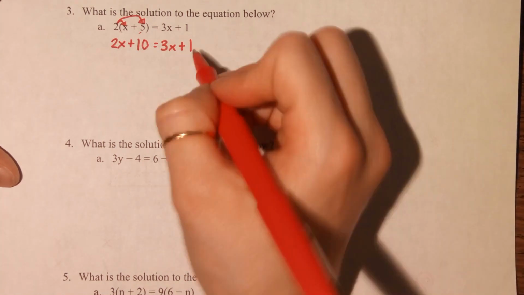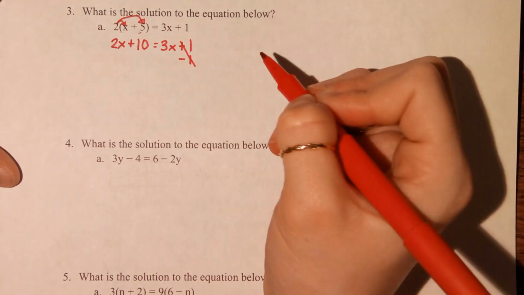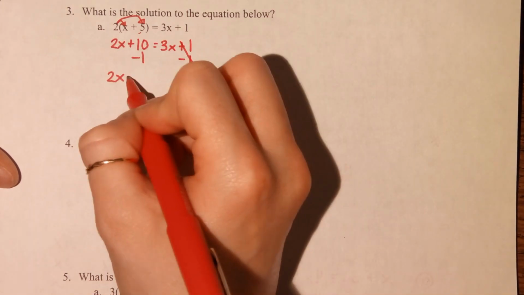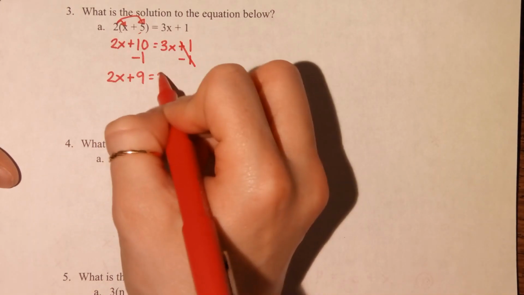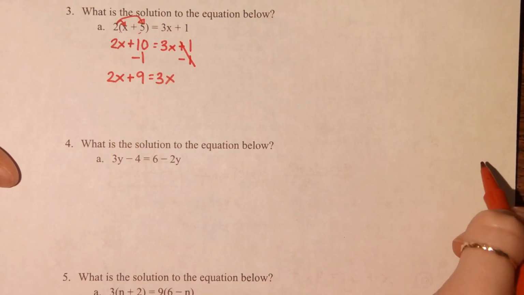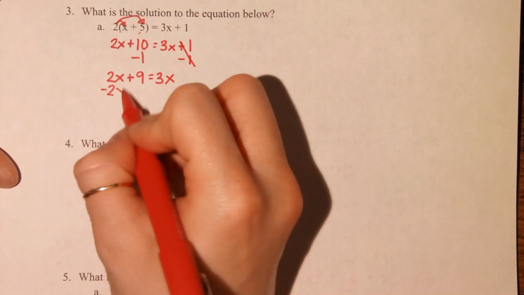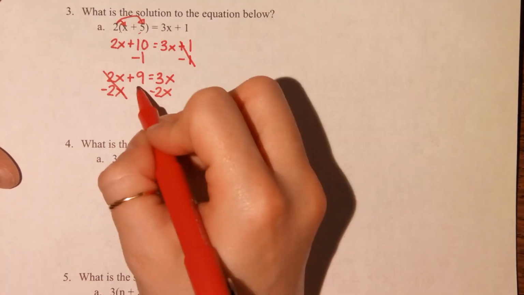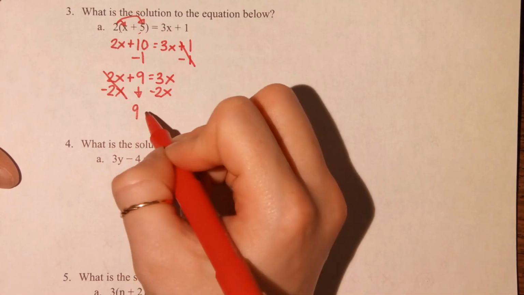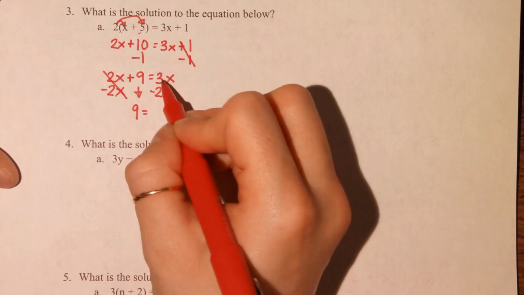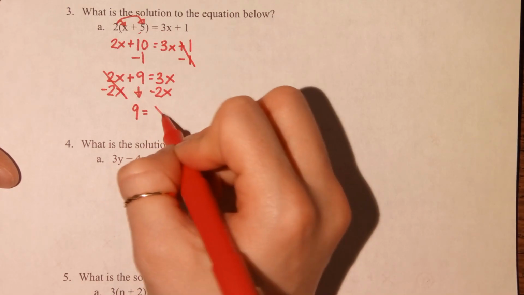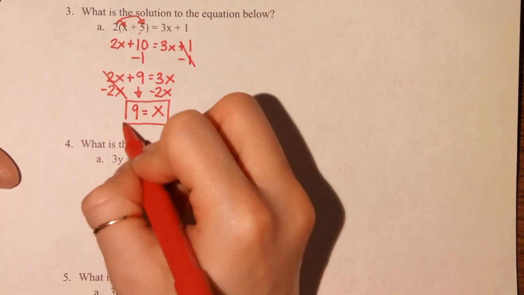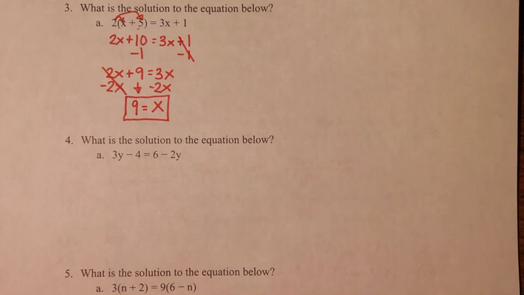And I get 2x plus 9 equals 3x. And now I want to get rid of my variable on one side of the equation. So now I bring my 9 down. 9 equals 3 minus 2 is just 1, so that's just my x. Awesome. I just solved. I just finished that whole equation. Don't overthink it, just go through the motions.